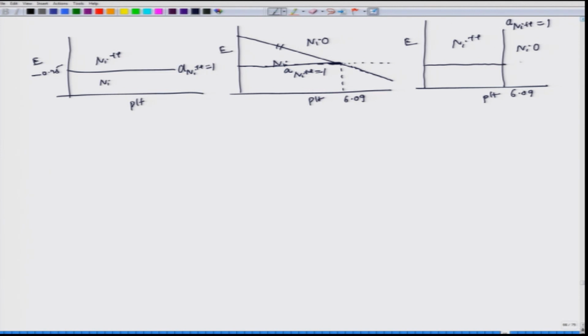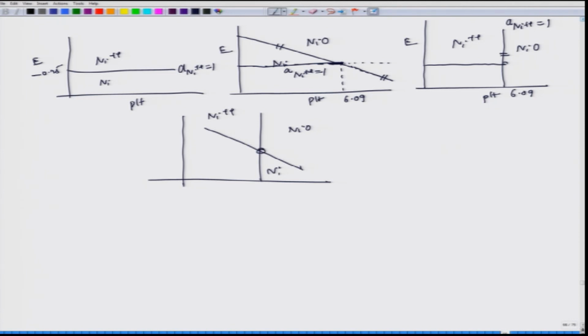So, now if we try to solve the equation of this one and this one, let us see what point we can achieve. So, this is nickel plus plus, NiO, Ni. Now, I would like to find out this point.